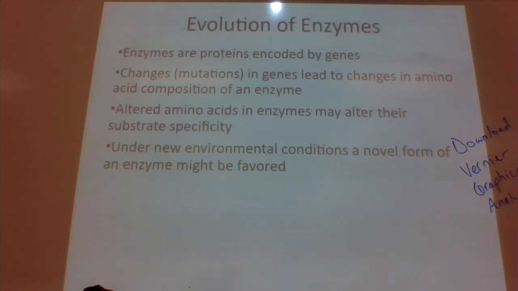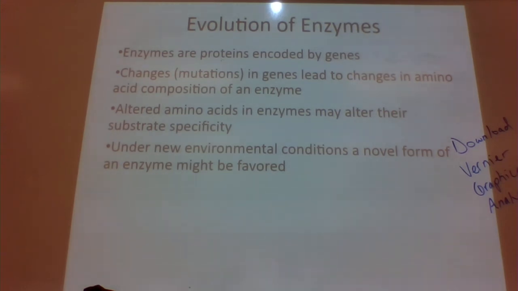But what if a mutation was good? What if that mutation altered the active site of an enzyme that allowed it to do something new and beneficial, right? That mutation might be passed down. And that mutation might give that organism the ability to do something that it wasn't previously able to do, right?